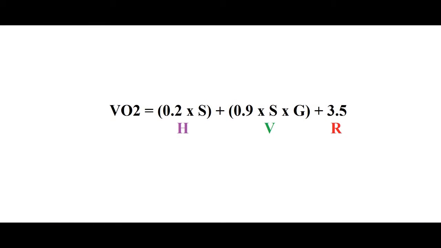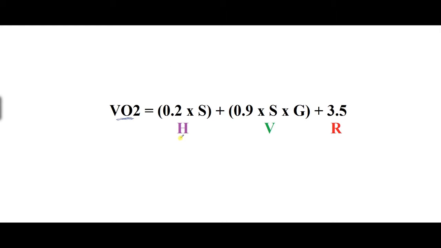Let's go ahead and start by looking at our equation in full. So again, just to reiterate, we're trying to find VO2. We can do that by computing these 3 different major factors.